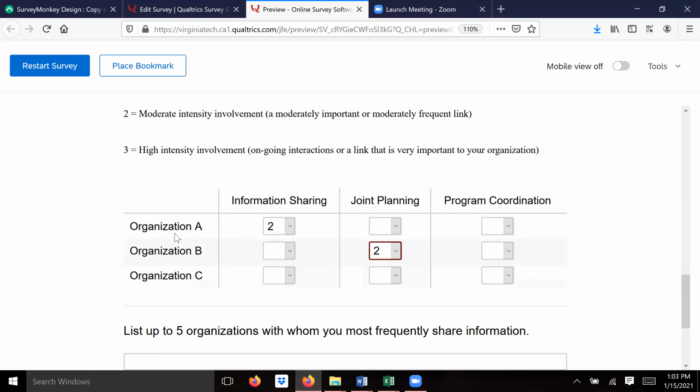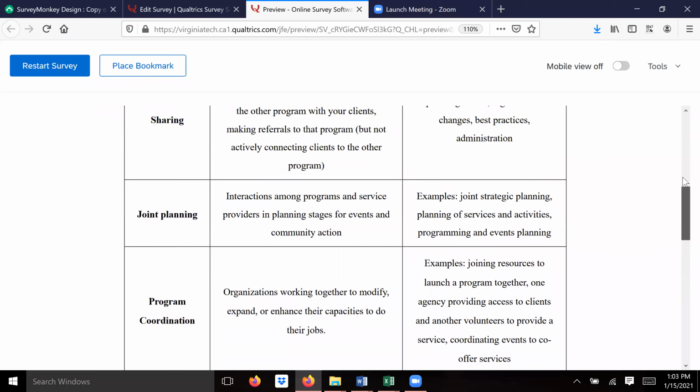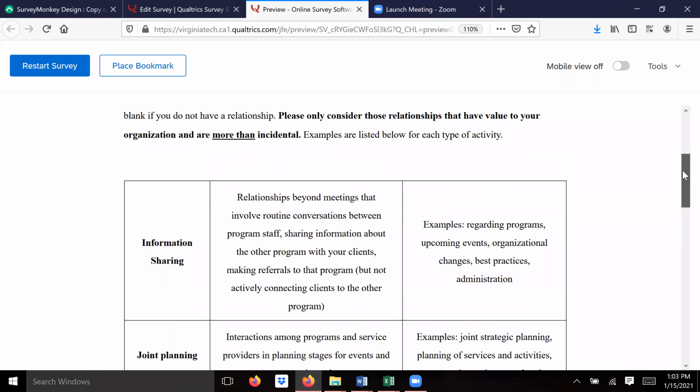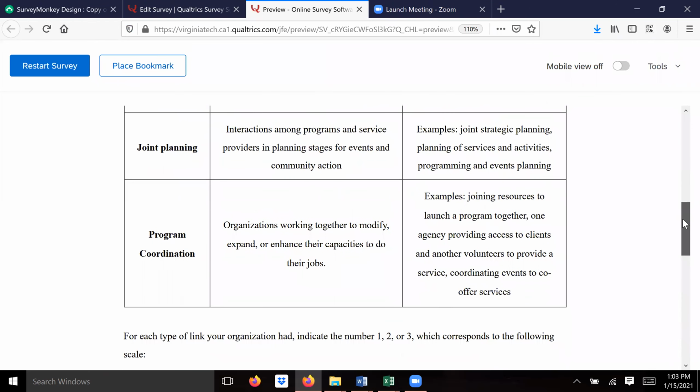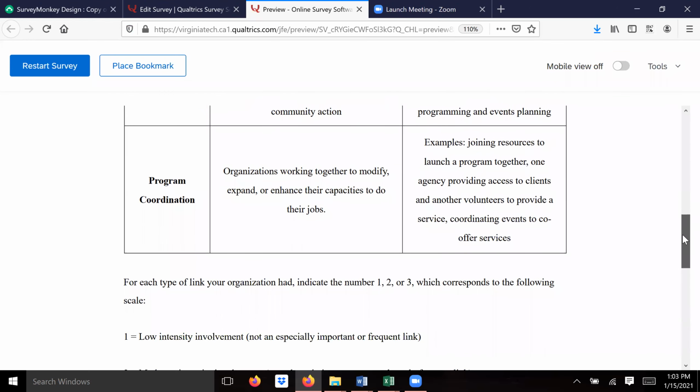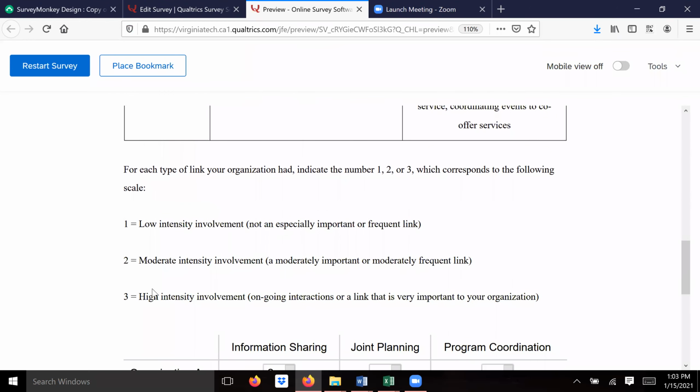Again, here would be included the list of actors that you are including in your network study. Don't forget that you would still need to provide a definition and example of the types of activities as I have here. And if you're also including a way to capture the strength of the tie, you also need to make sure that you include a scale specifying how respondents should categorize the strength of their ties.